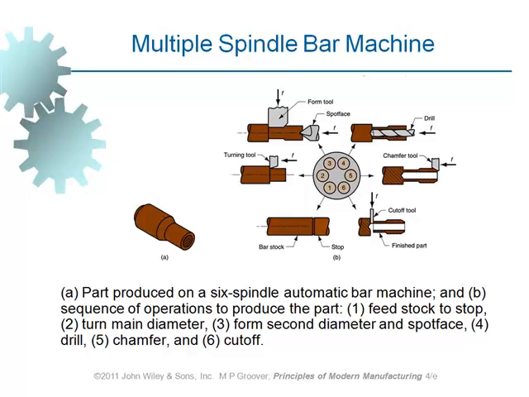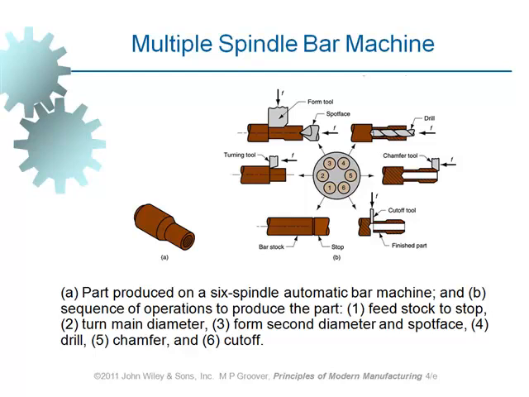So there is an indexing device which actually transfers the part from station 1 to station 2, 3, 4, 5, and once a part passes through all the 6 stations, 6 different machining operations are performed on the part, and it is completed.